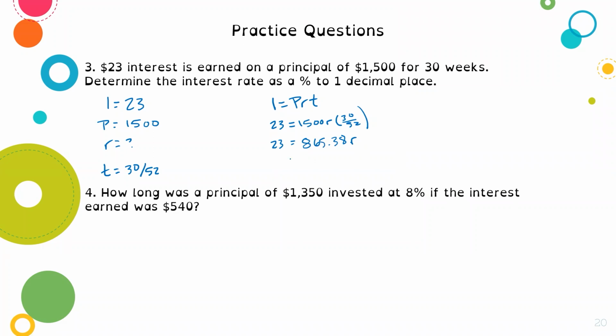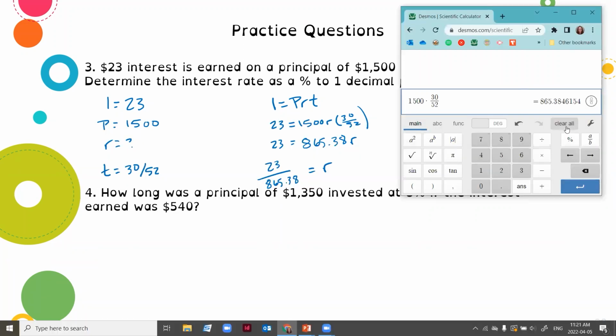So then in order to isolate for R, I'm going to do 23 divided by 865.38 equals R. So then I go back to my Desmos and I'm going to do 23 divided by 865.38, which gets me 0.0265, so 0.027.